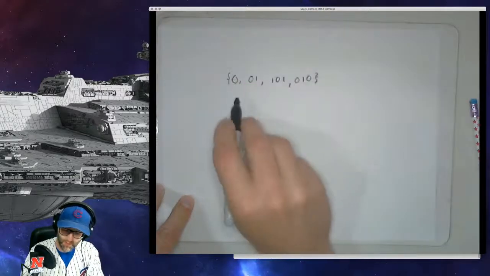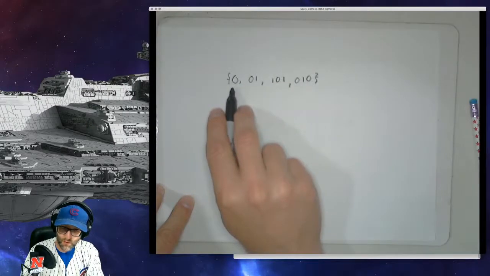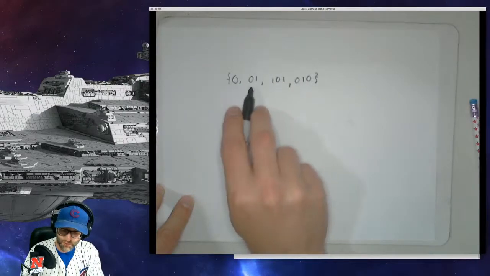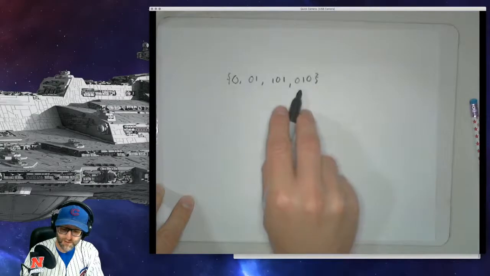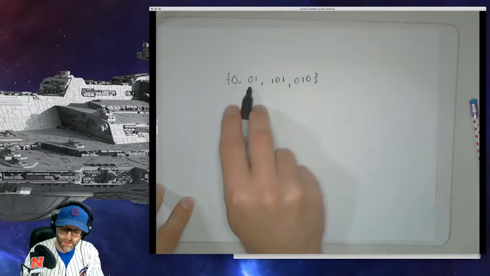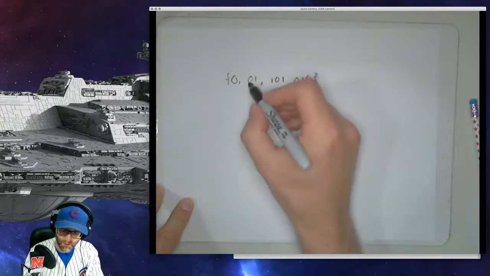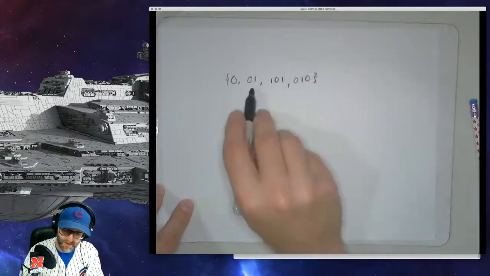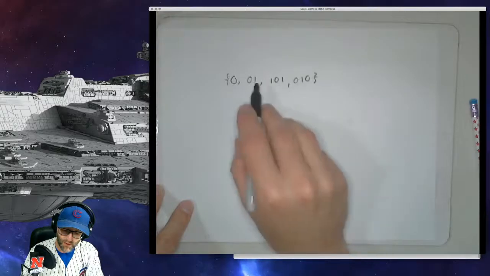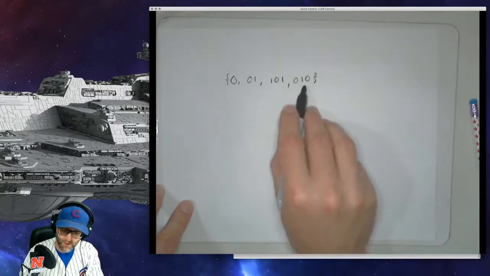Now what we mean by prefix is this first code word, which is just a 0, is a prefix of this, and it's a prefix of this one, because 0 appears in front as part of the code word before, right? This is a prefix of this one over here, because 01, that's how this code word begins, okay?